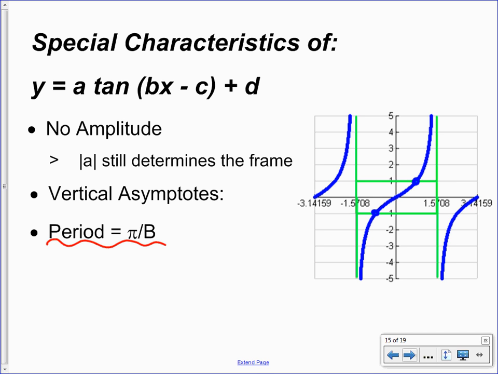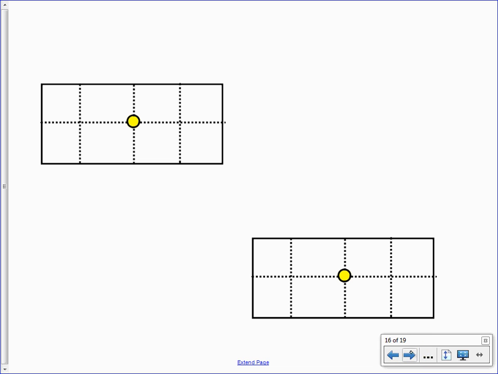Okay, we are still going to draw our frame the same as we do for a sine or cosine curve. Okay. So split it in half lengthwise, and then split it into fourths.